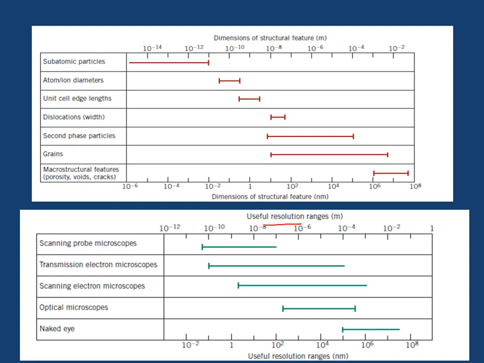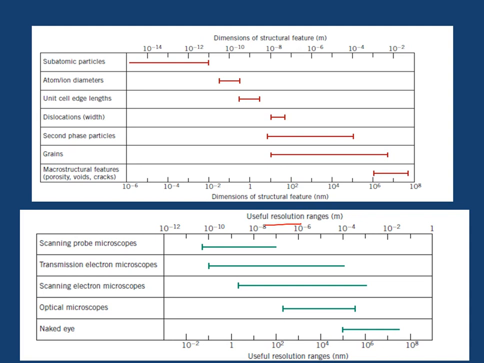According to the quantity which we have to view, we'll be choosing our microscope, depending on how deep we want to go. One thing I would like to identify over here is that there are two things: one is the resolution, and the other is the magnification.